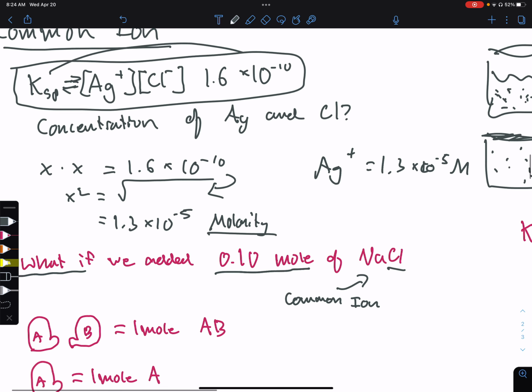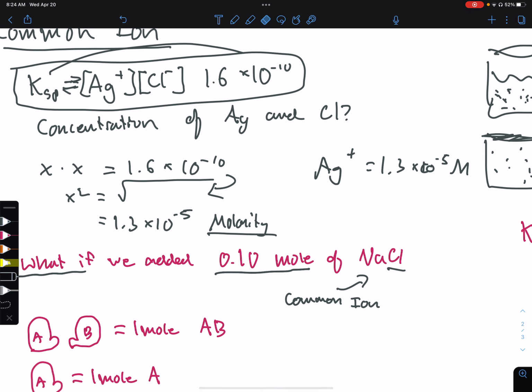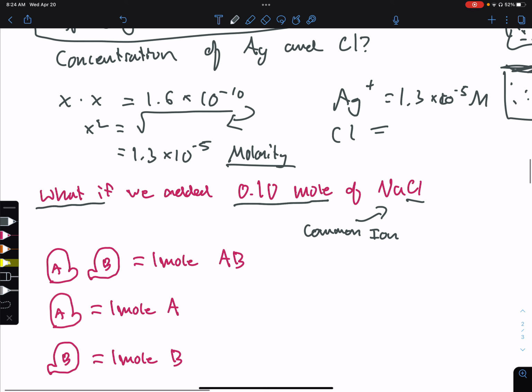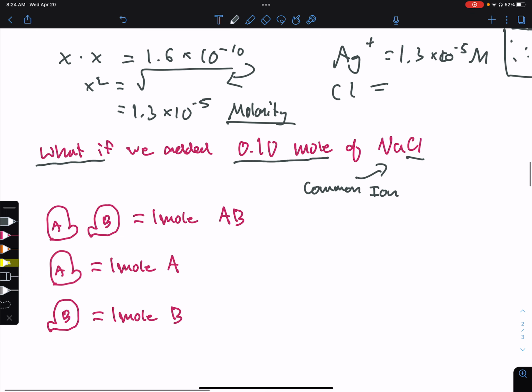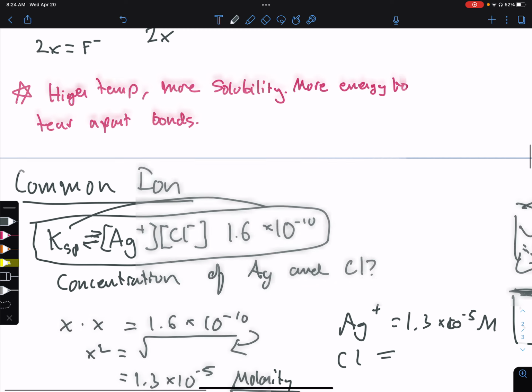How would that affect the molarity of Ag and Cl? Obviously, this has Cl within it. We don't care about the Na because we're only looking for Cl and Ag, for silver and chlorine. So what happens? Well, we can input this into our math via the common ion effect.